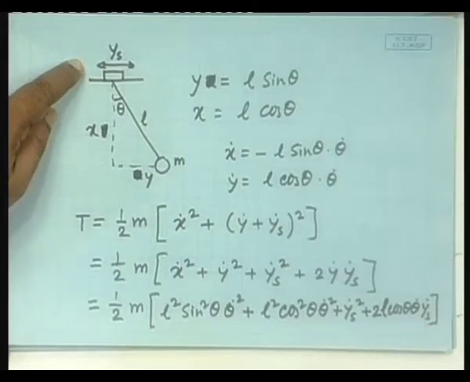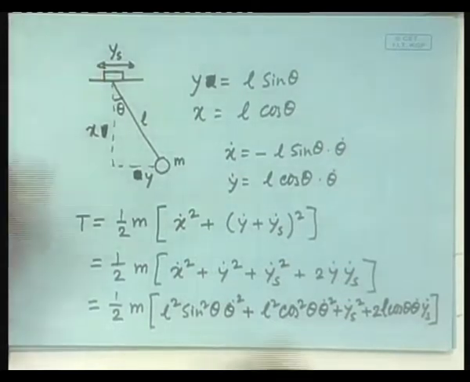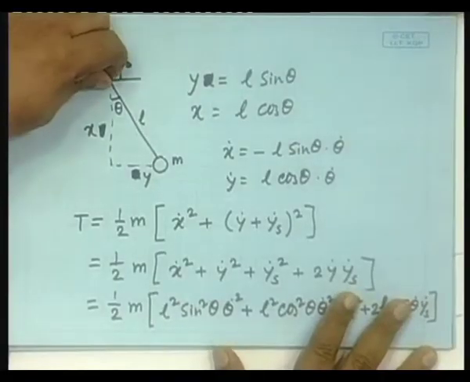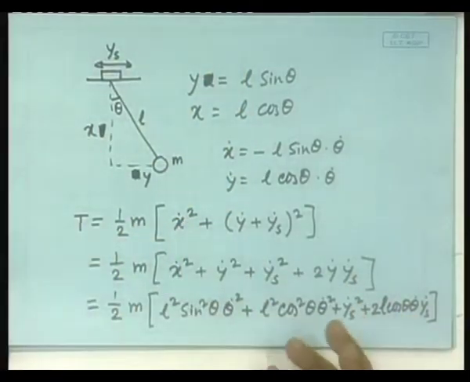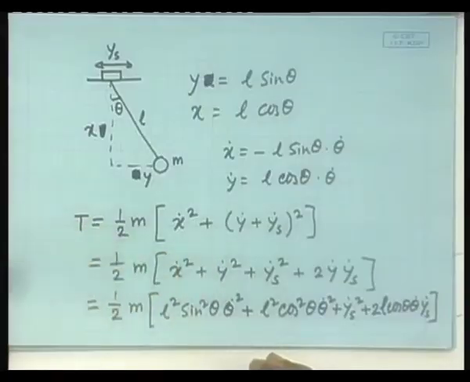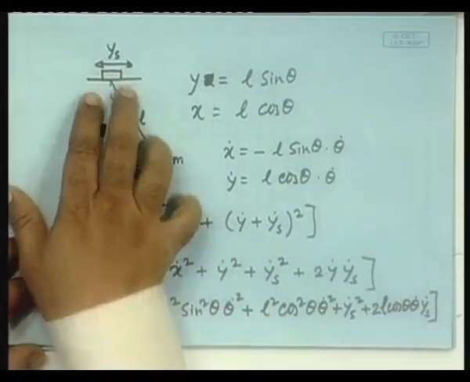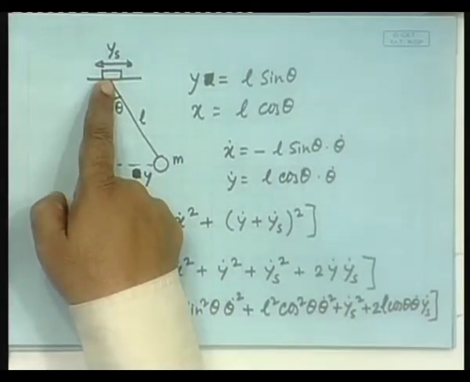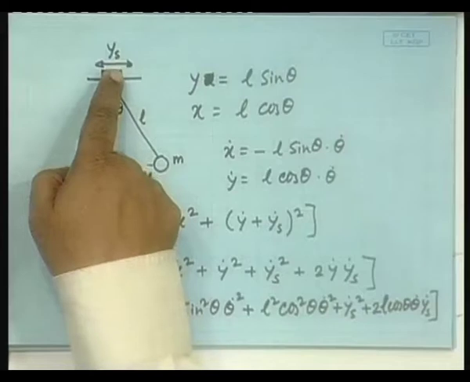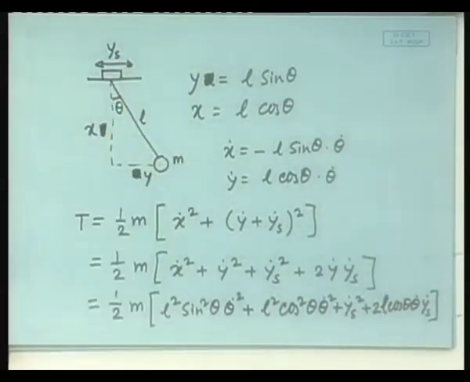In that case, ys becomes an independent coordinate of the system, an independent degree of freedom. But in this case, the way we have defined the problem as yet, it does not become. If this fellow had a mass, you are applying a force, and then the mass moves depending on the force and its own dynamics, because this is being pulled by this fellow also. So in that case, you do not know beforehand what the position of this mass is at any point of time. You need to solve the differential equation for that, and for that it becomes an independent coordinate.